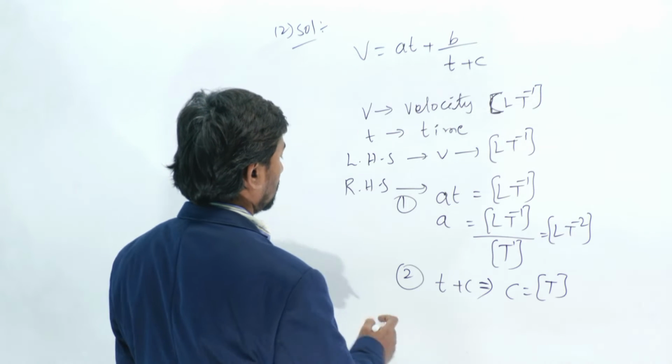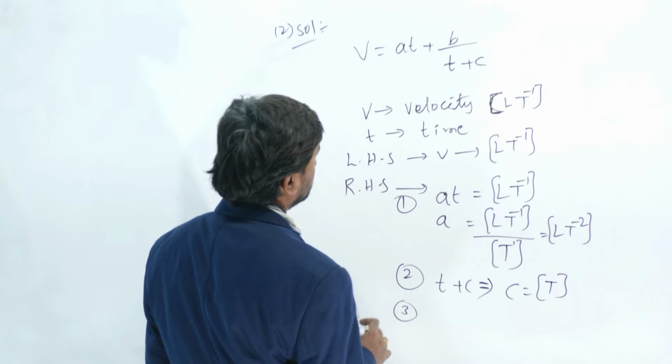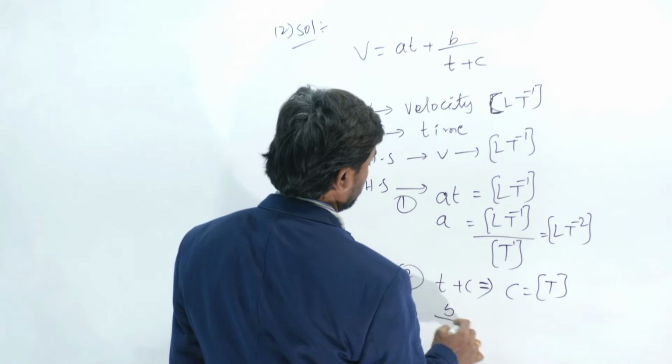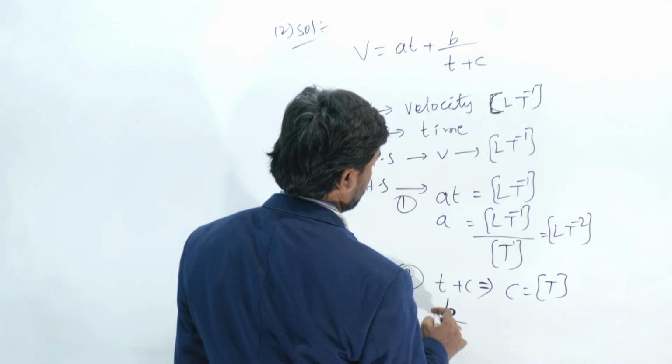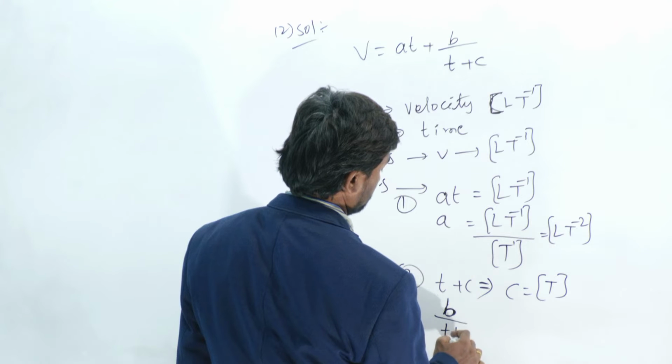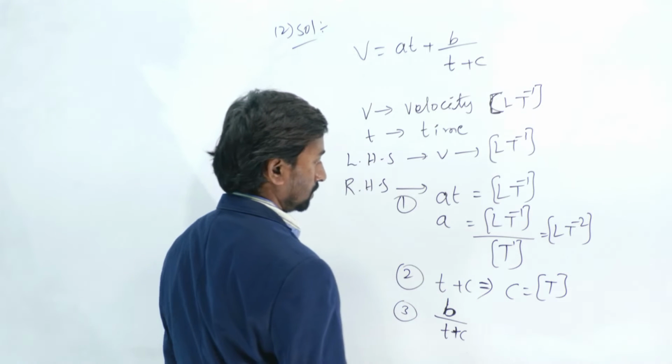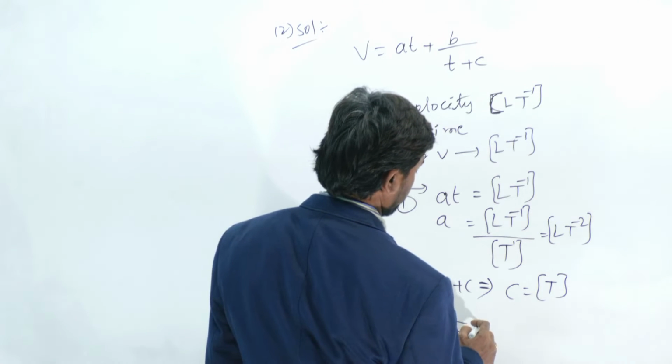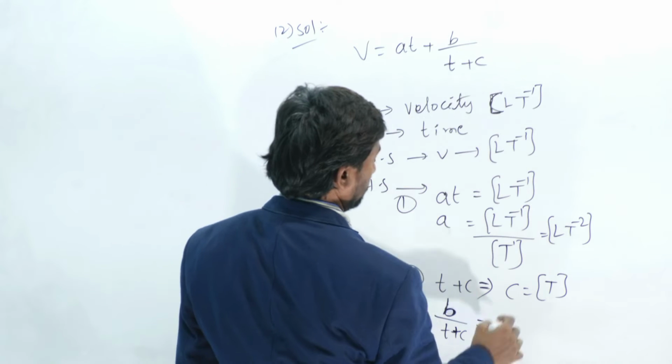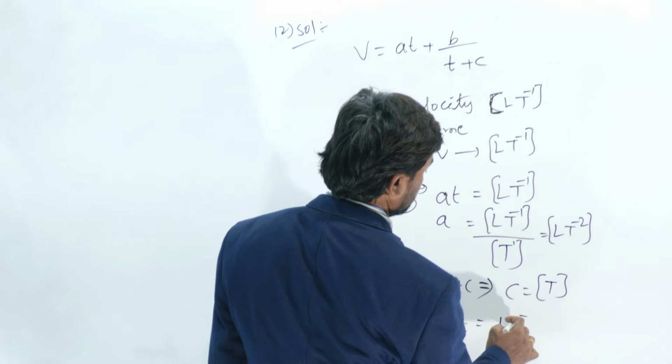Now the third term, b by (t plus c), should be equal to the velocity, L into T power minus 1.